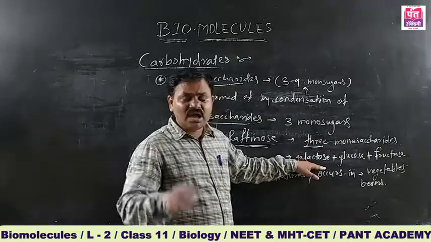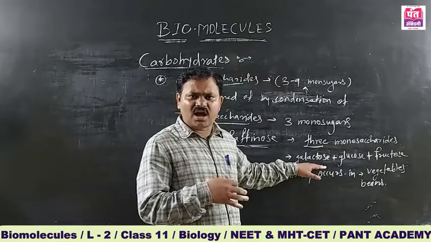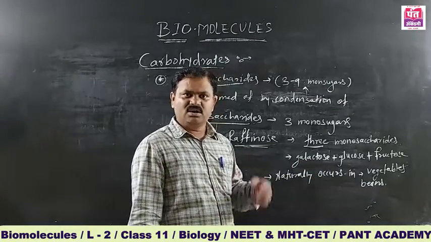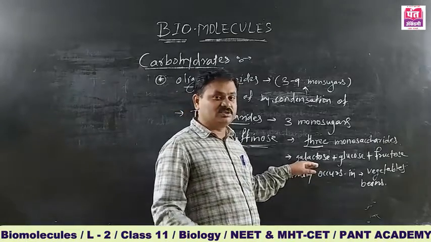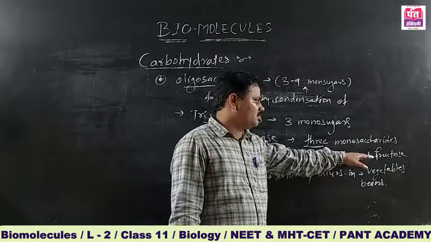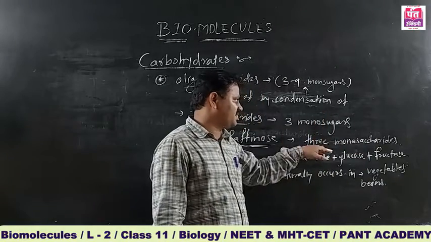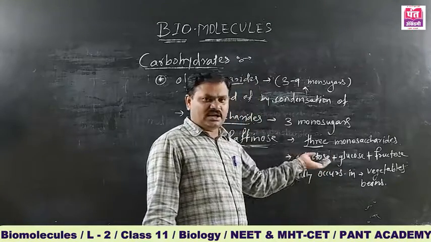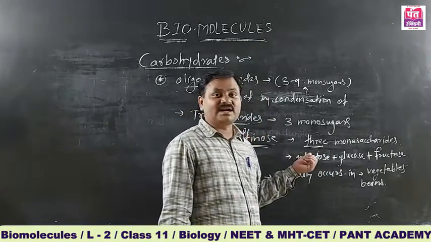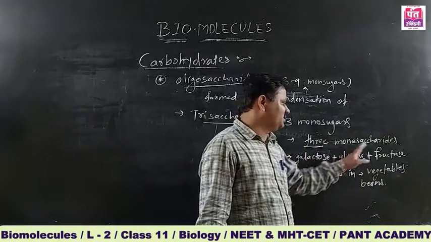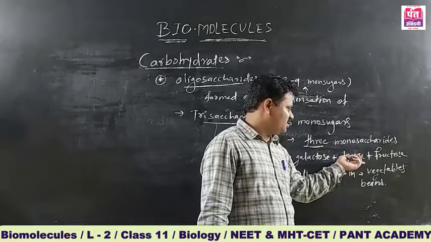It is hard to break down in the human being, but there are many other enzymes which can hydrolyze this trisaccharide into 2 different groups. One is galactose, which is removed by the galactase enzyme, and the other is sucrose.